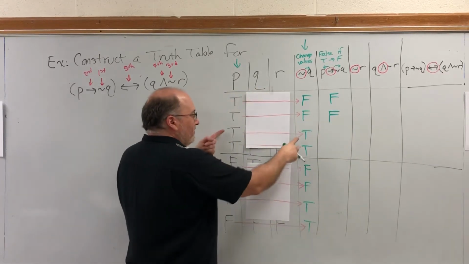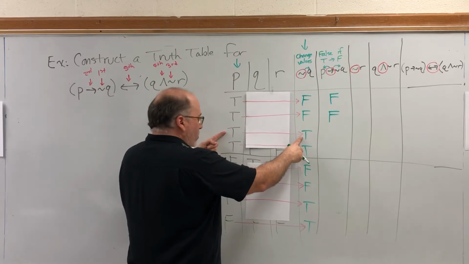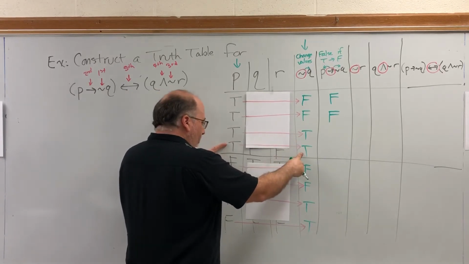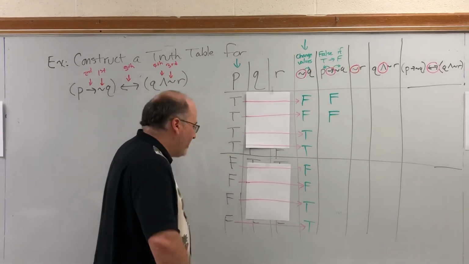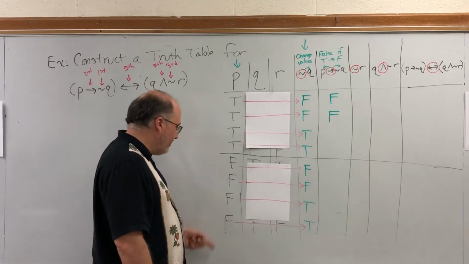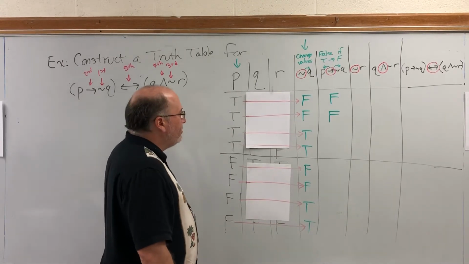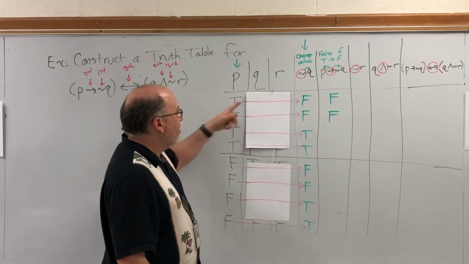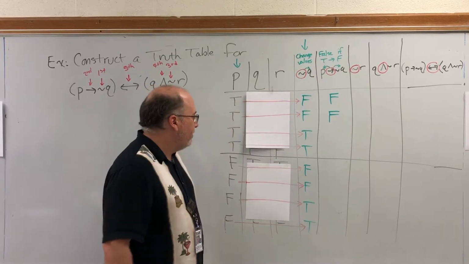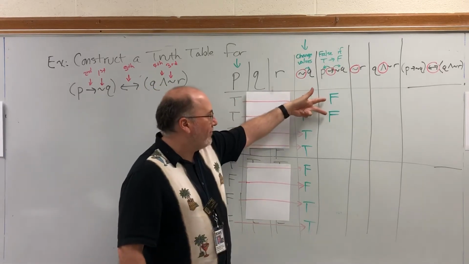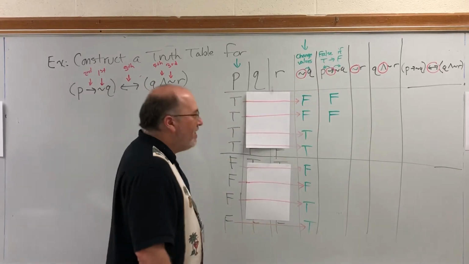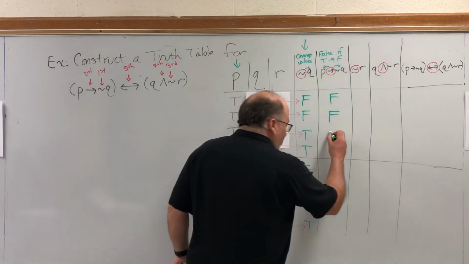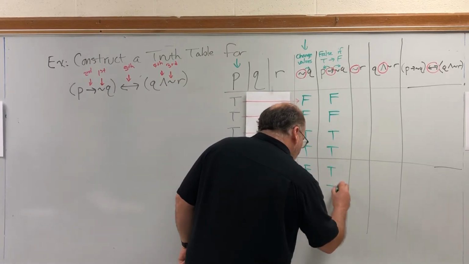Third row, do we have T pointing to F? No. Fourth row, no. And in the rest of the rows, we're not going to have T pointing to F because none of these start with T. So the only two rows where this rule applies are the first two, we have T pointing to F. So those are the only two rows where we write false in this column. That means the remaining rows are true.